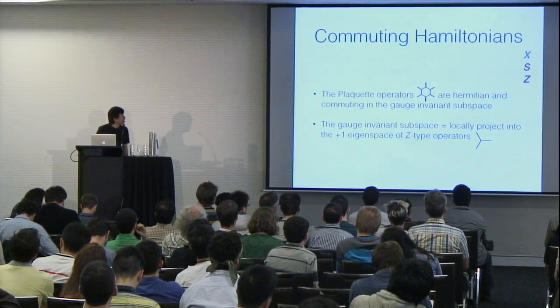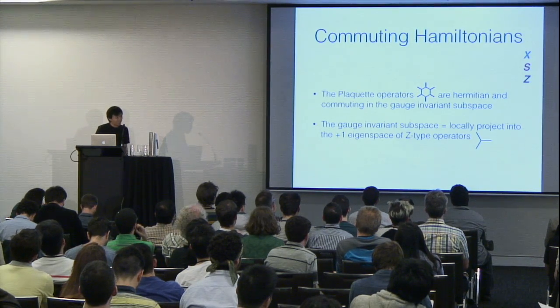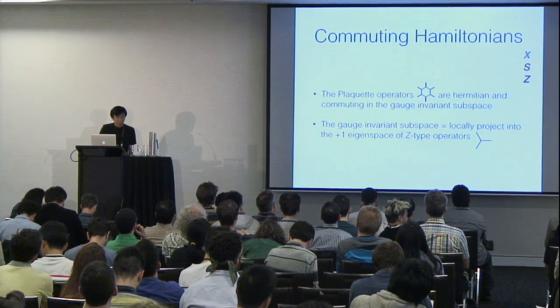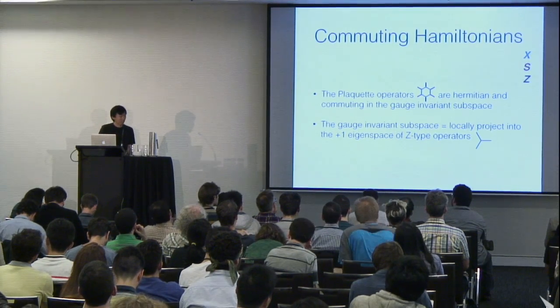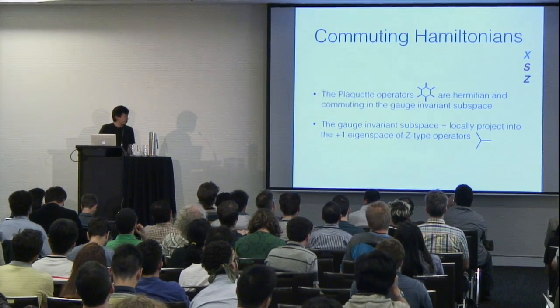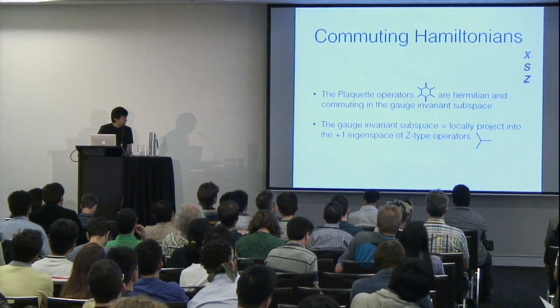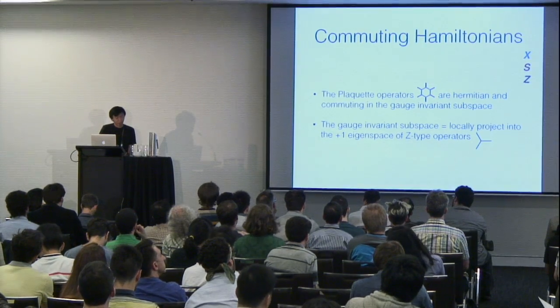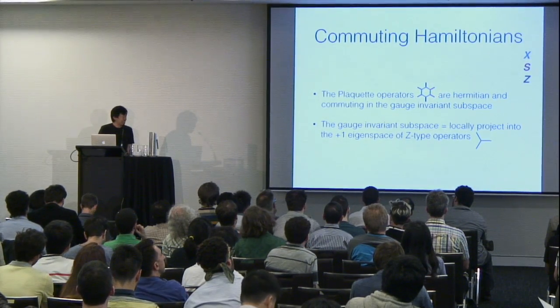Okay, all the above observations lead to a way to build the commuting Hamiltonians, again from these stabilizers. As I told you, the plaquette operators have plus or minus 1 eigenvalues inside of the gauge invariant subspace.